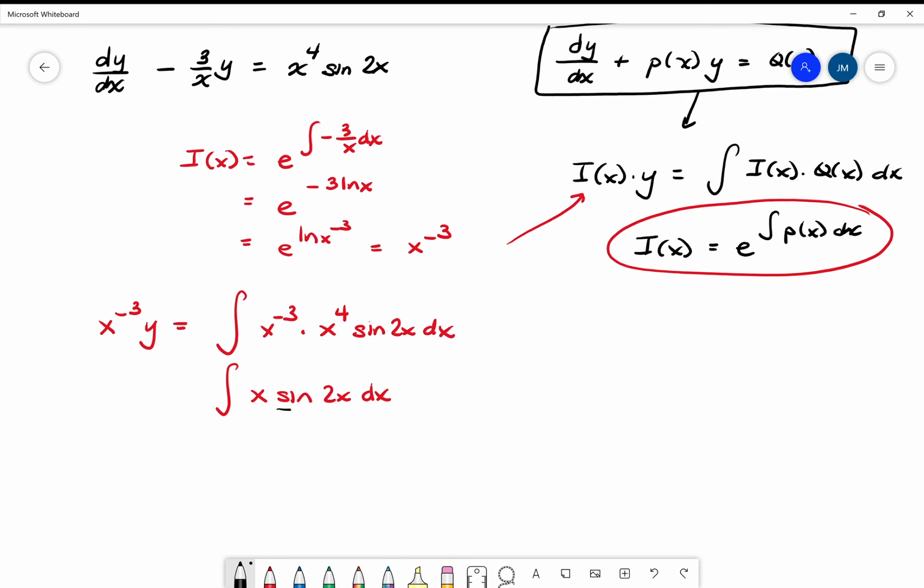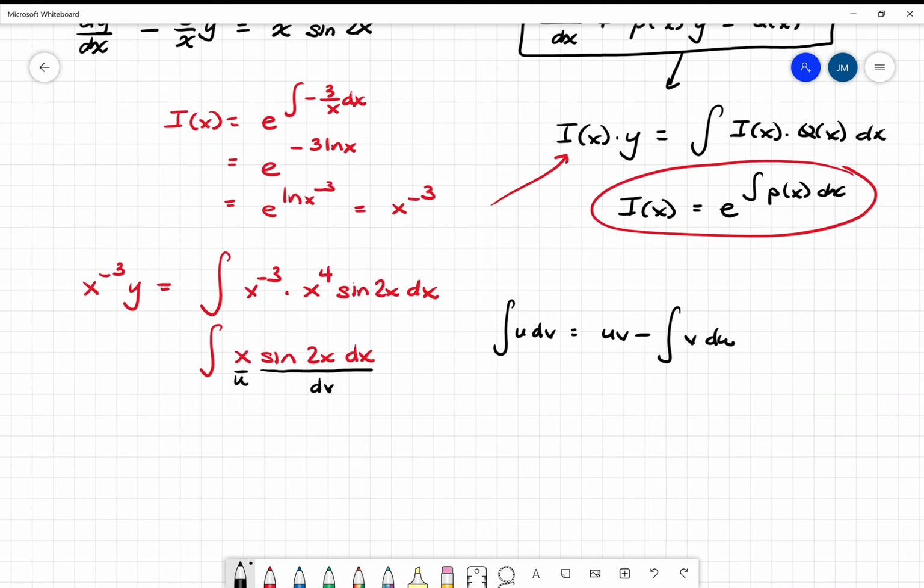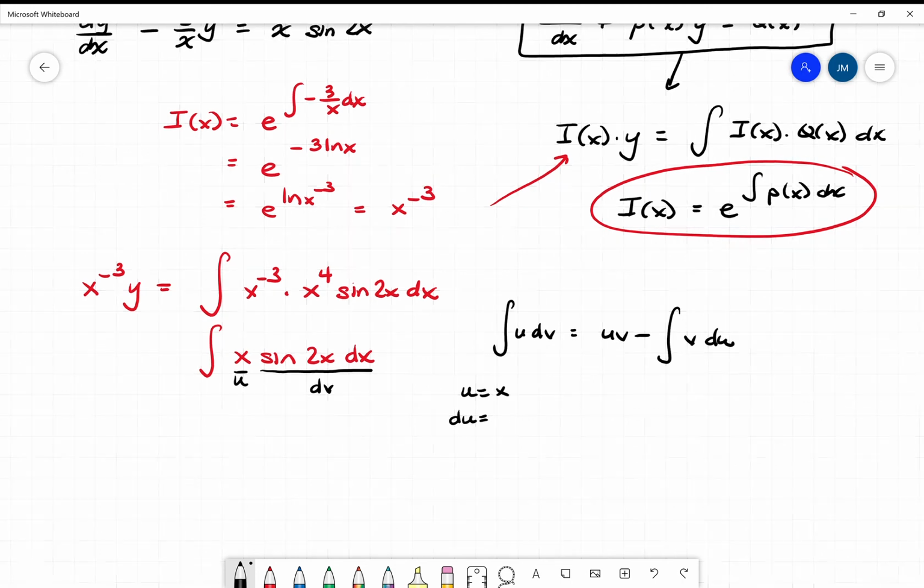So remember how this plays out. This is a v, this is a u, and we know that the integral of u dv is uv minus the integral of v du. Okay, so if u is equal to x, this means that du is equal to dx.